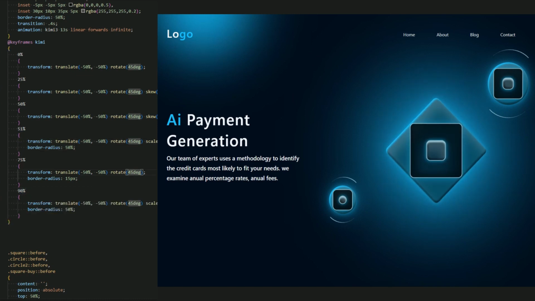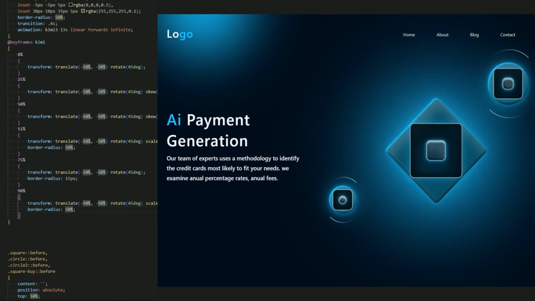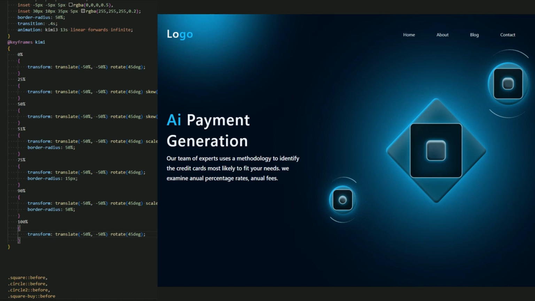Okay, for the scale be the same, and for the skew be a 3 degree, 12 degree. Okay. And border radius again be a 15% to become circle. So now for the 100% be the same position of the point start. There we go. This is our animation for the square.